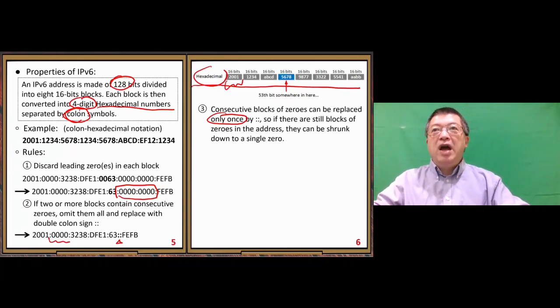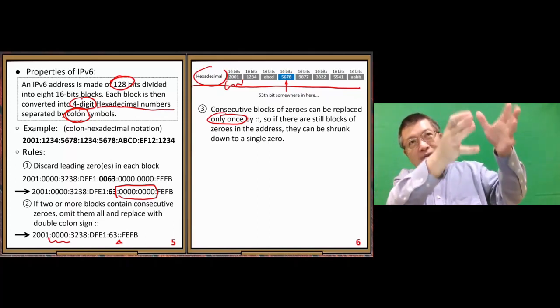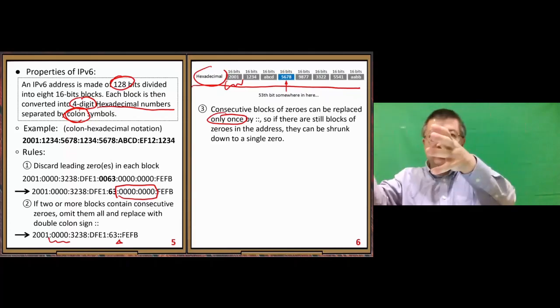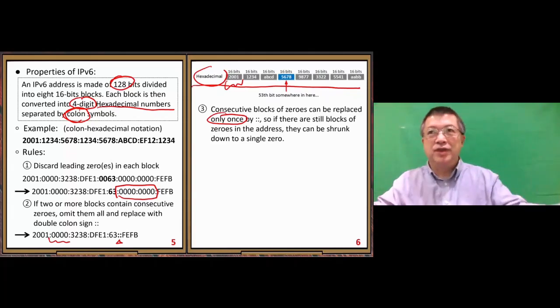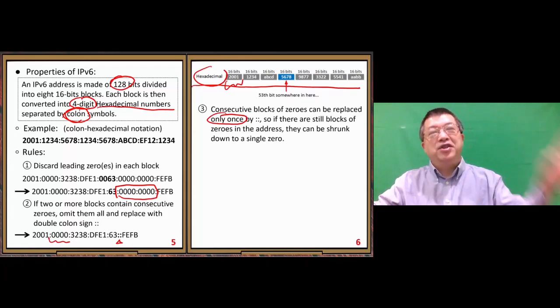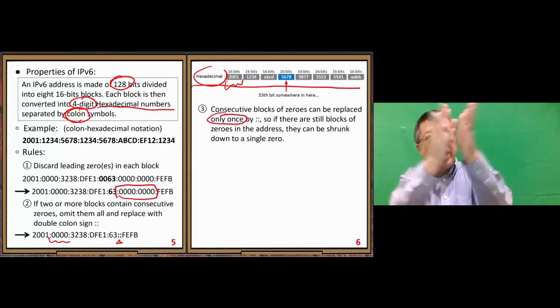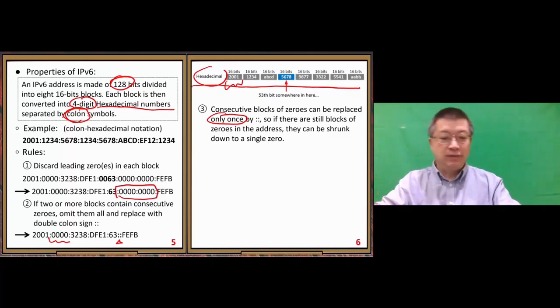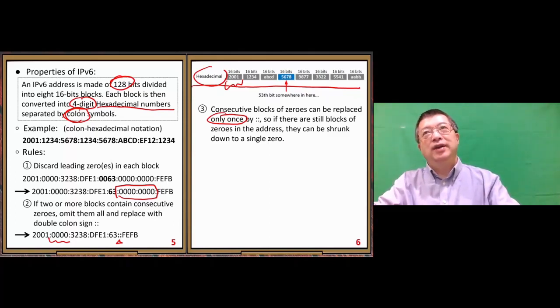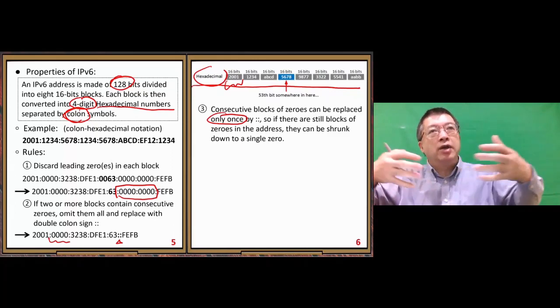But if there are still blocks of zeros after we apply it at one location, then we shrink down each block to a single 0: 4 zero digits shrink to 1 zero digit. That's our first rule, rule number 1. Then there is no ambiguity, and at the same time we make it as compact as possible.